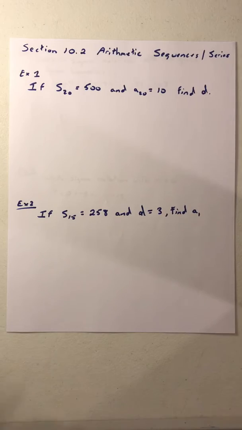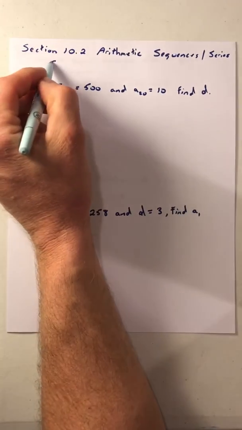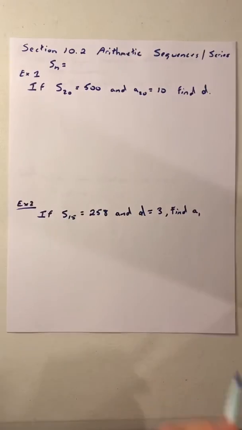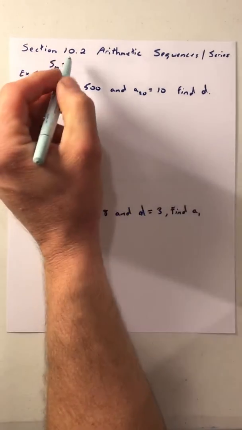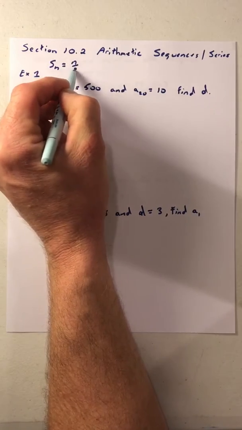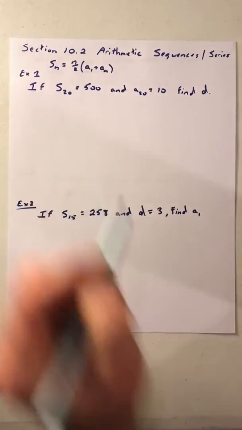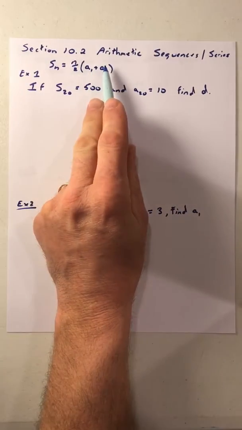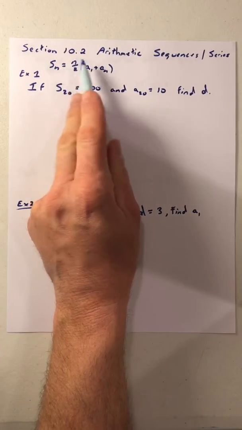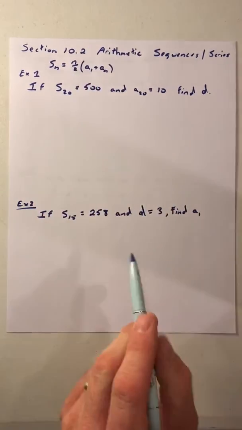Before I begin, I'd like to review the two formulas that we have for the summation of arithmetic series. The first one was S sub n equals n over 2 times a sub 1 plus a sub n, where if we're given the first term and the last term, we can find the sum if we know how many terms we had.